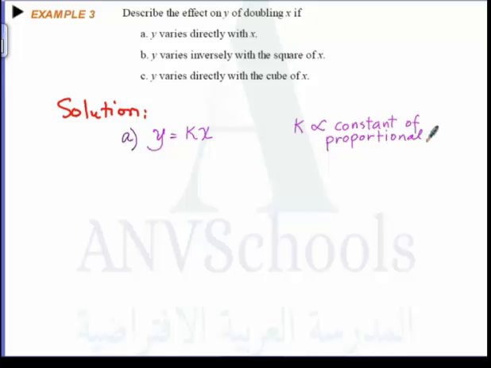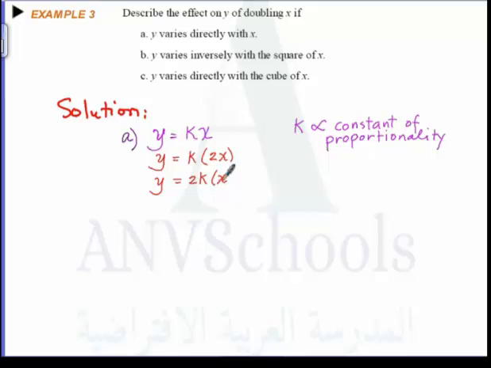So if we double our x, y now becomes k times 2x, right? So what will happen to our y? Our y becomes 2k times x.